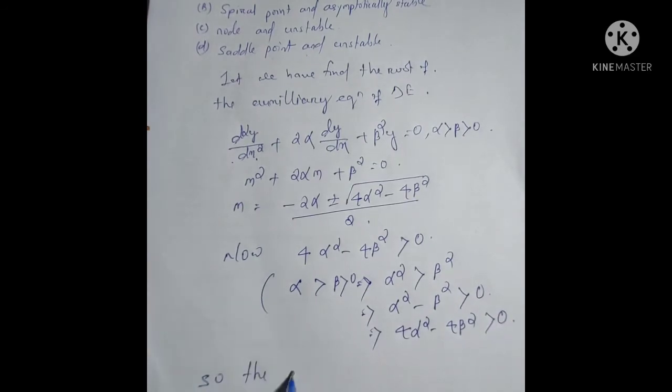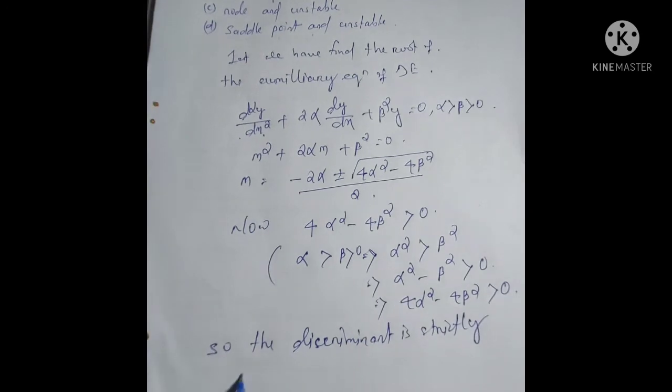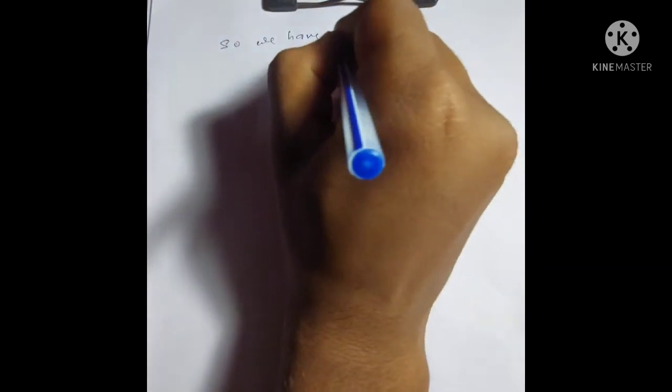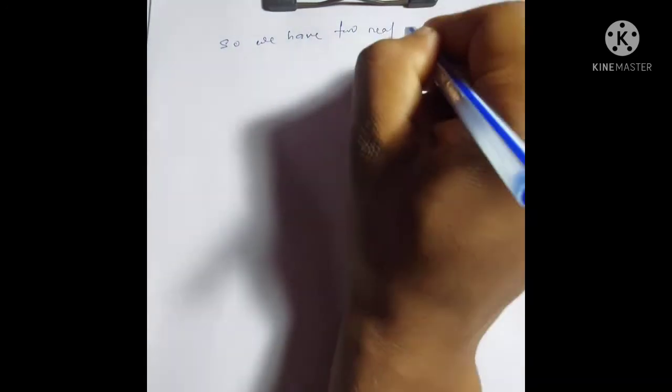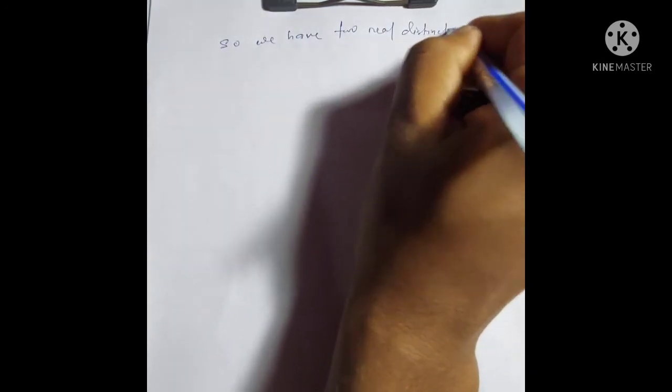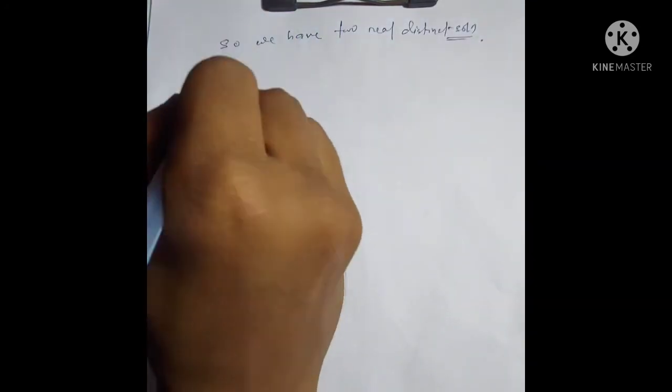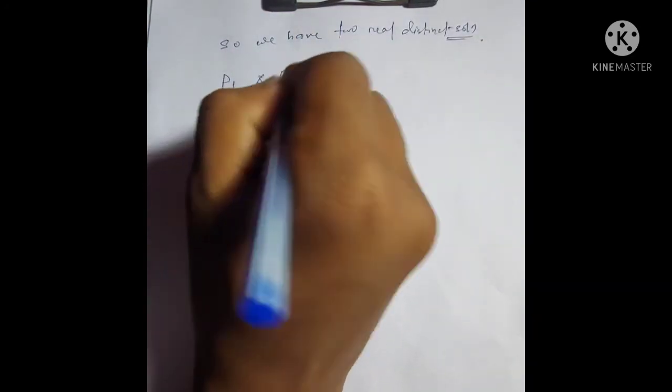So the discriminant is strictly greater than 0. So we have two real distinct solutions.